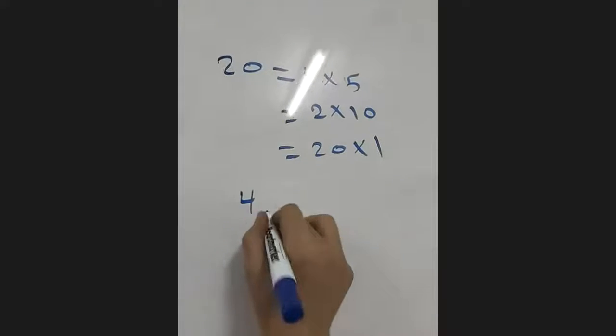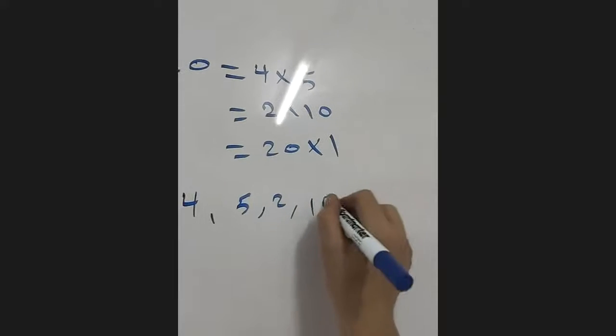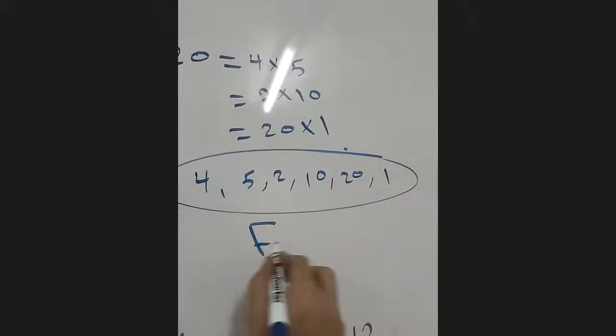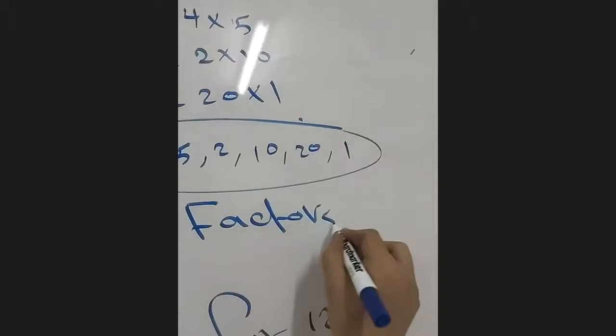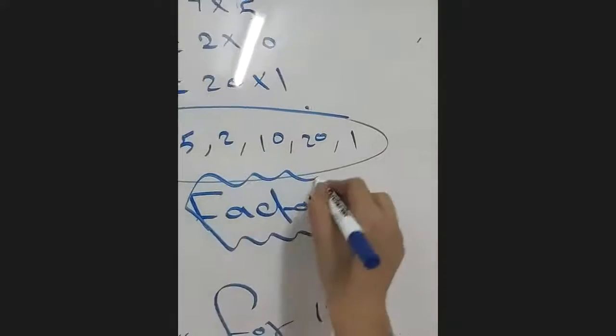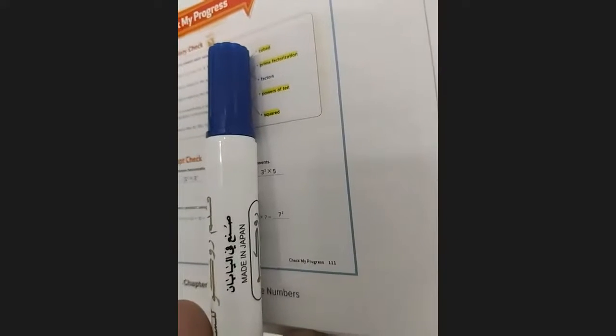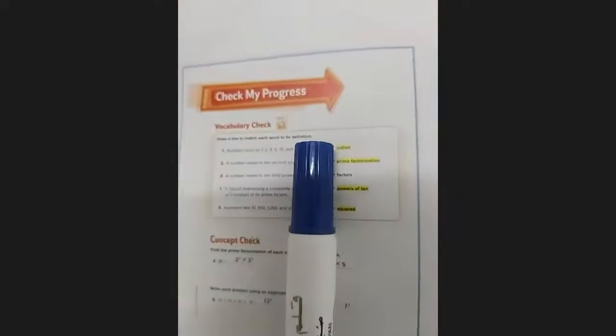So, 4, 5, 2, 10, 20, and 1, all of these numbers are factors for the main number, which is 20. Got it? So, question 1 here, guys. The numbers such as 1, 2, 4, 5, 10, and 20 match with factors, as Ibrahim said.